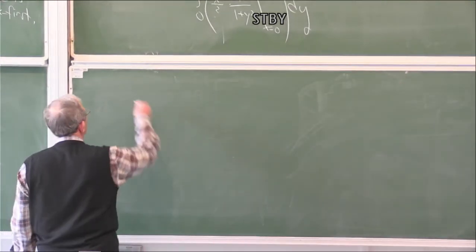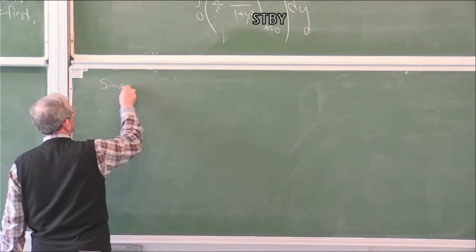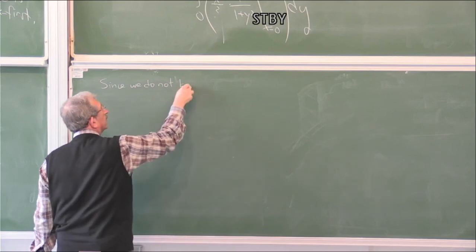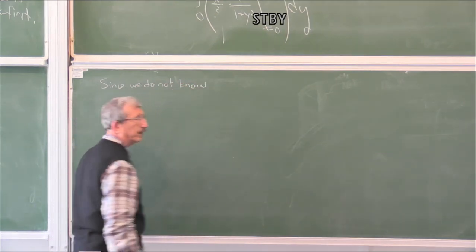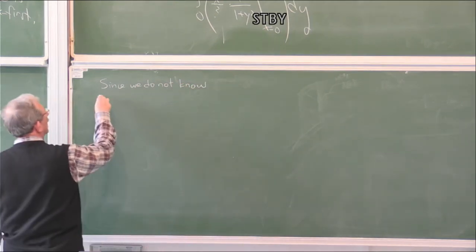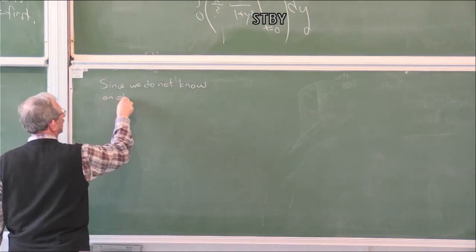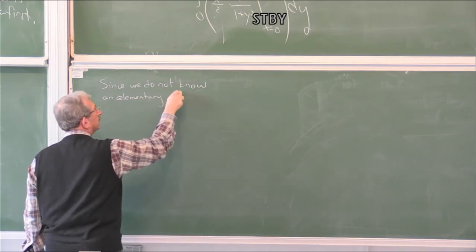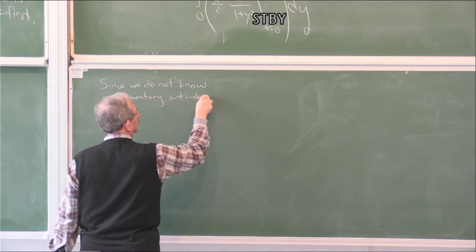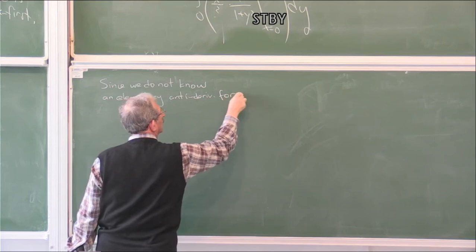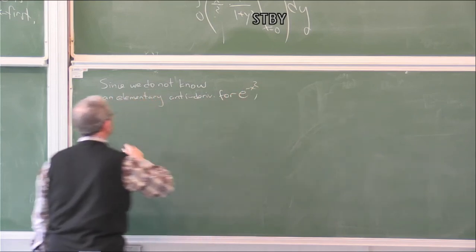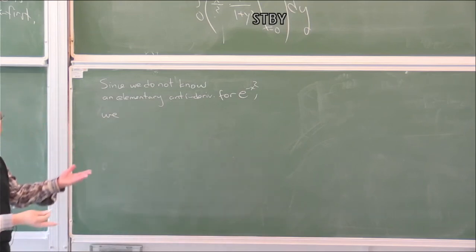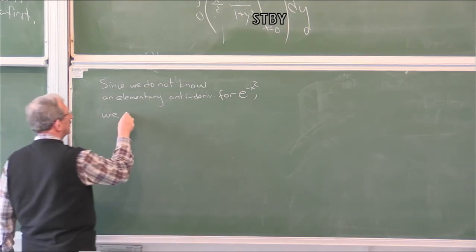So, since it's not possible to express it in this form, an elementary antiderivative for e to the minus x squared, we are stuck. That is, it's impossible for us to evaluate this.